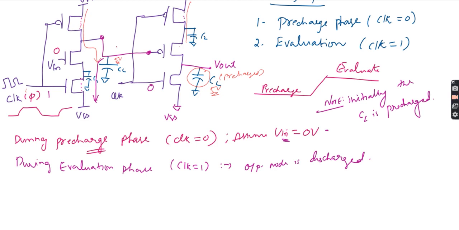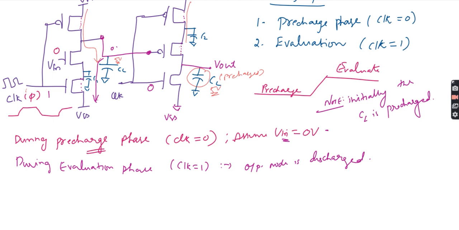Now you can see, if I'm giving the synchronous clock, what will happen? When I have some 5 volt and it is discharging, if I get 0, automatically this transistor will also be turned on. If this is also turned on, the same charge will start to flow over there.